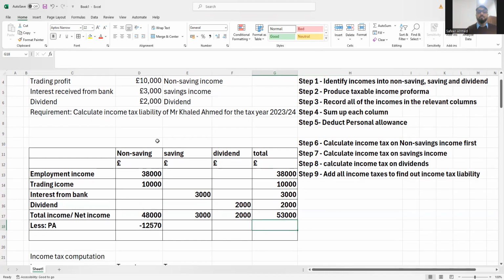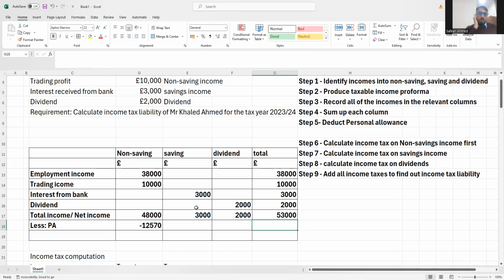And if you don't have sufficient non-saving income, then you adjust it against saving income and then dividend income. For example, if a person does not have any non-saving income and saving income, and only has dividend income, then we don't have any choice other than allocating it against the dividend income.